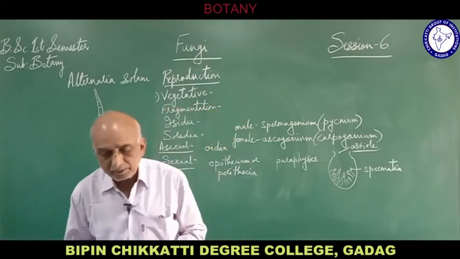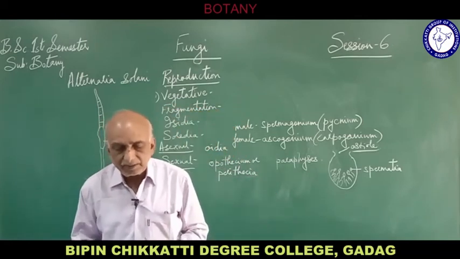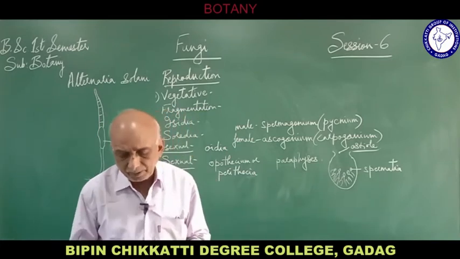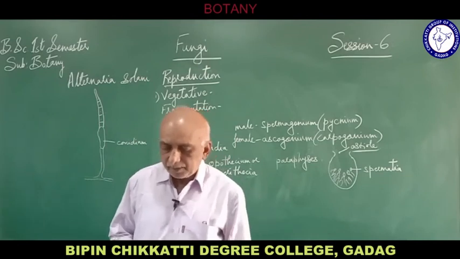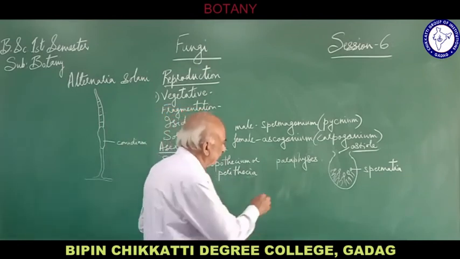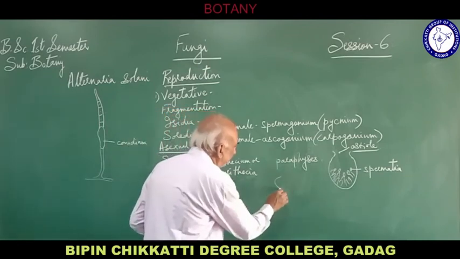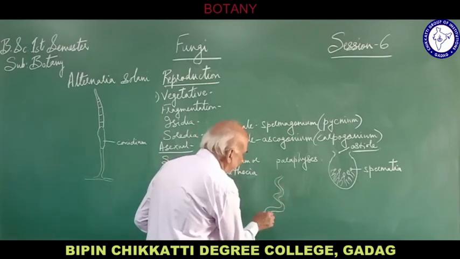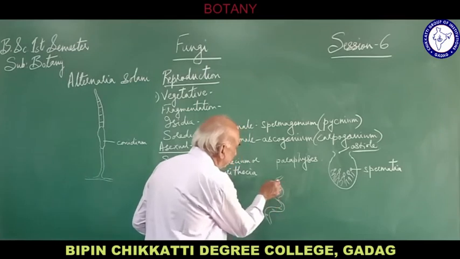That female reproductive body is also developed in the algal layer of the lichen. These lichens produce multicellular structures like this, made up of many cells.